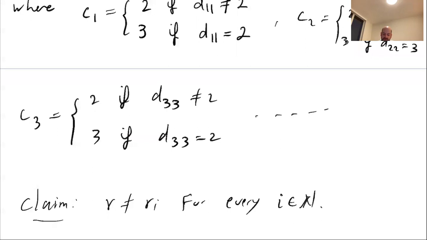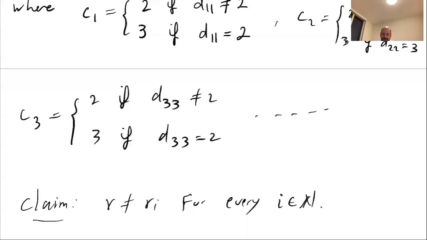But if it's 2, then the first number after decimal for R, we define it as 3. And again, they will not be equal because this number is 2, this number will be 3.